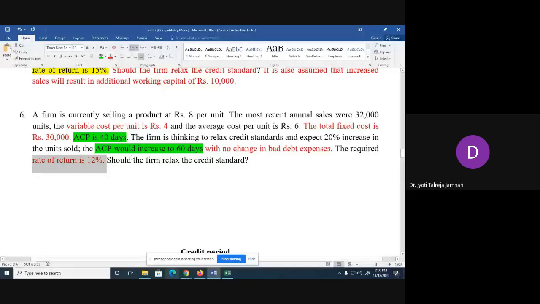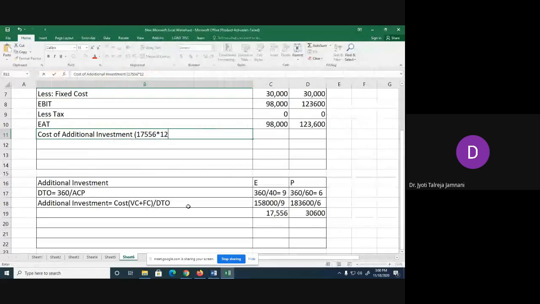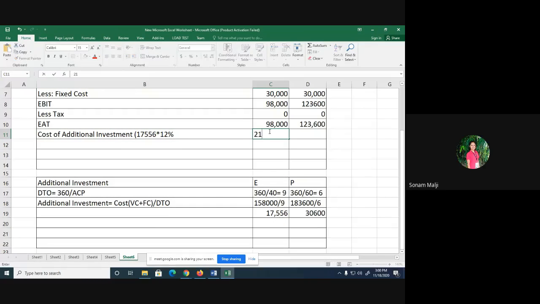So we'll use this 12% rate. 17,556 into 12%, you get 2,106.7, so I've made it 2,107. And for the proposed plan, it is 30,600 into 12%. How much do you get? 3,672. So this is the cost of additional investment which we need to less.